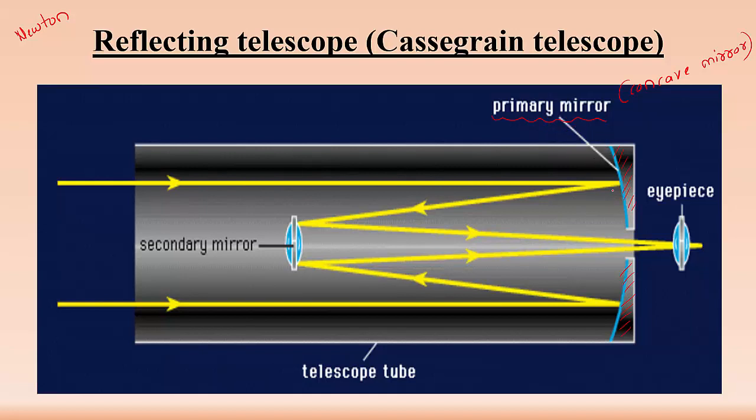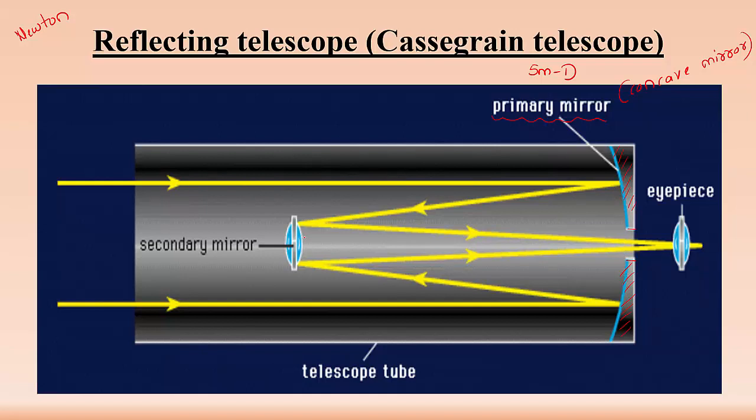This concave mirror, called the primary mirror, has nearly a 5-meter diameter. This is the largest primary mirror, or objective mirror. And this concave mirror has a small hole exactly at the center.